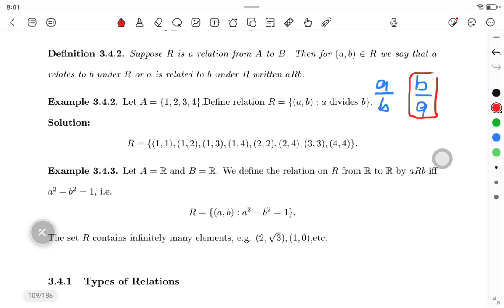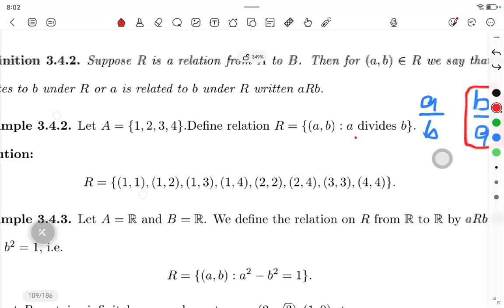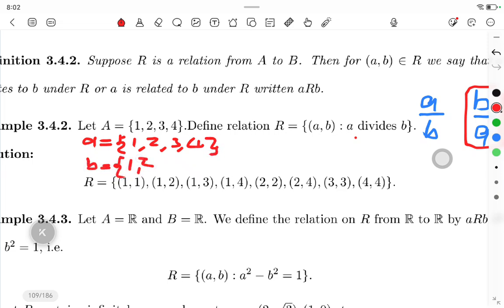When we come to find the relation R such that a divides b, we're given A only, which is {1, 2, 3, 4}. So we're going to replicate A and make it B, also {1, 2, 3, 4}.